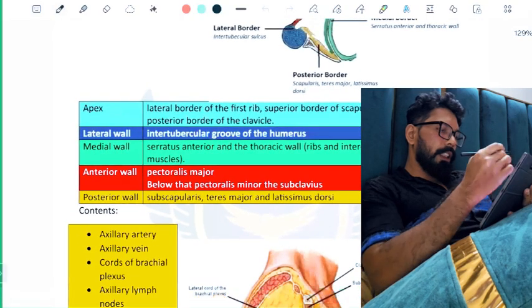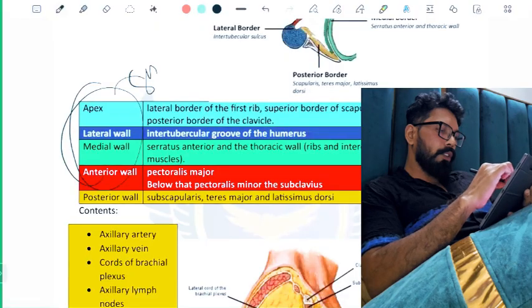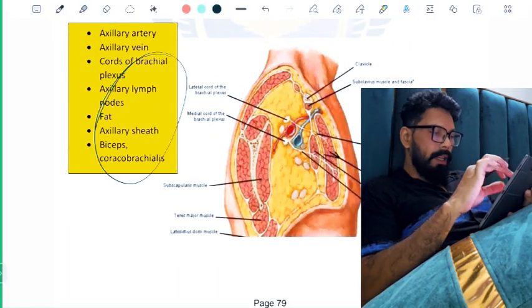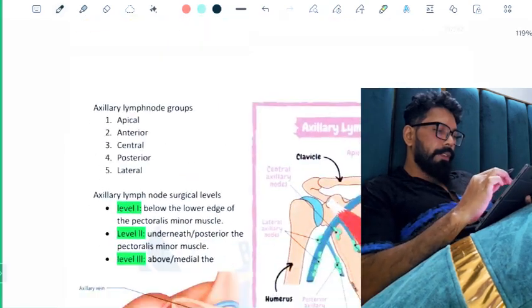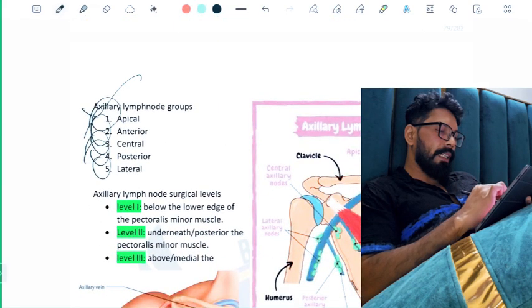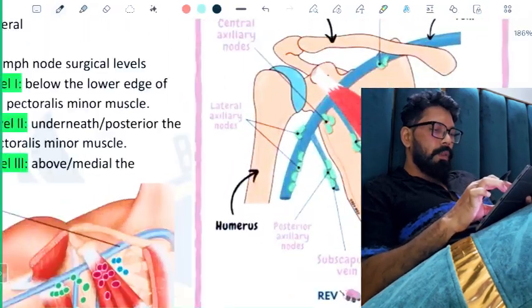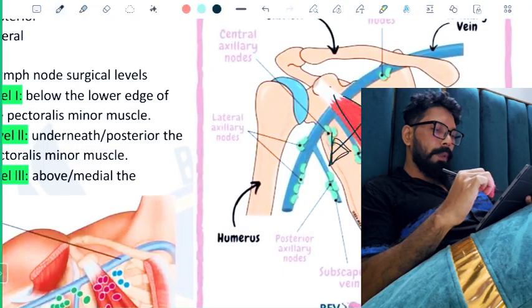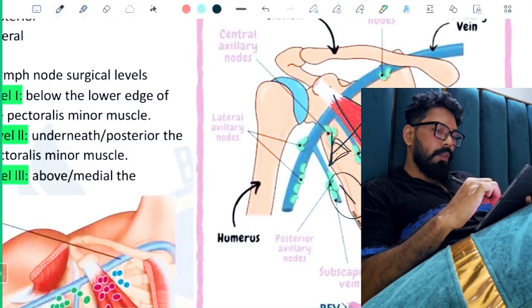Axilla, not important, just for orientation, just see the boundaries, no question comes from here, just for orientation about the total area. Okay, then we have the axillary lymph node groups. Remember the names: apical, anterior, central, posterior, lateral, and 3 levels. What are the levels? It depends on pectoralis minor muscle. Lateral to pectoralis minor, we have level 1.